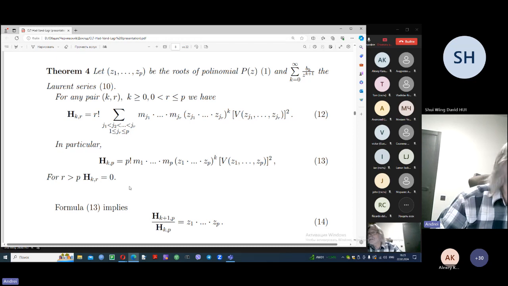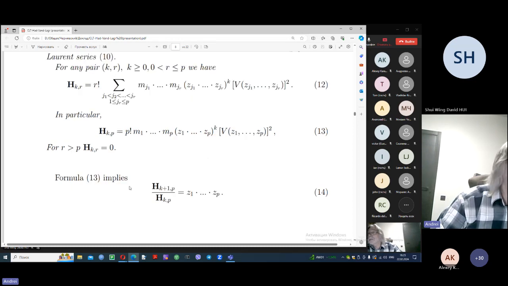And in particular, we have again that the ratio h_{k+1} divided by h_k is equal to the product of the roots from 1 up to p.